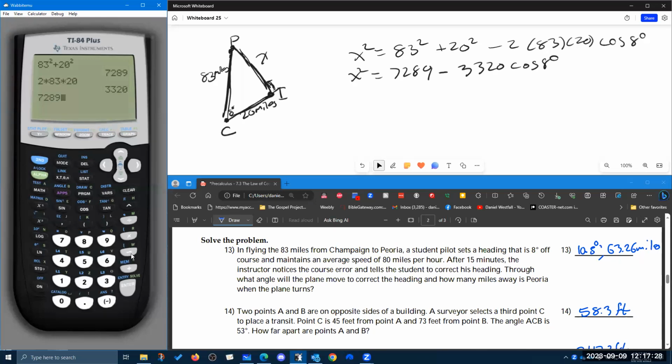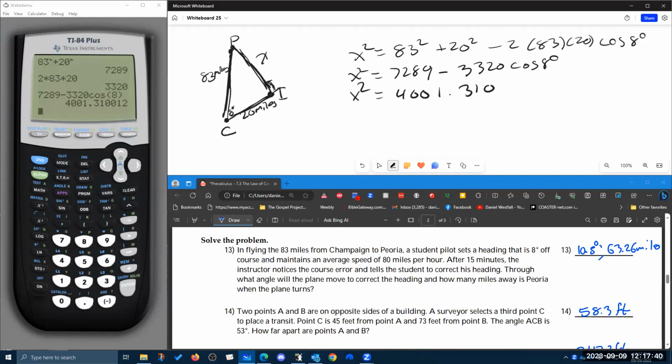72.89 minus 33.20 cosine of 8. X squared is that.